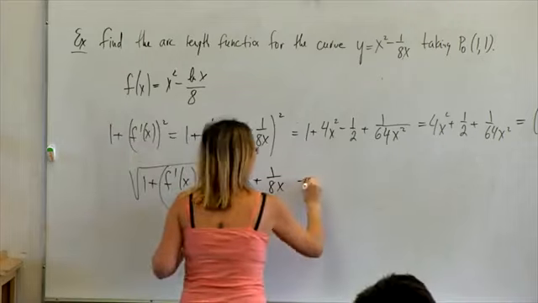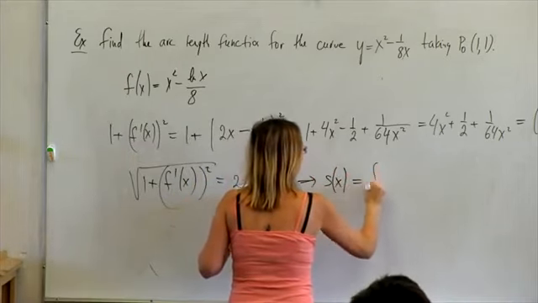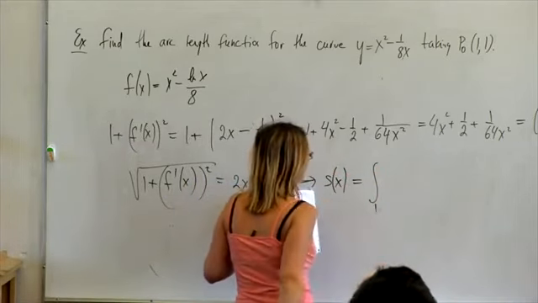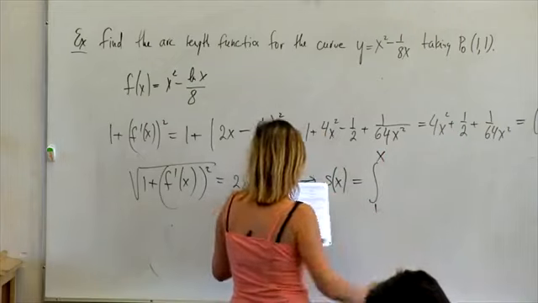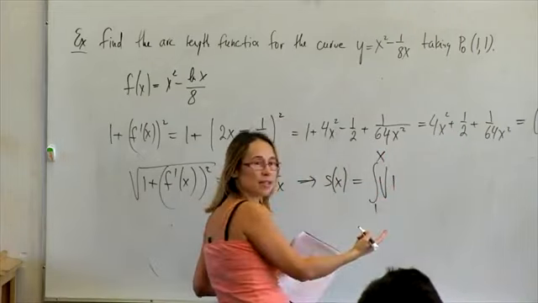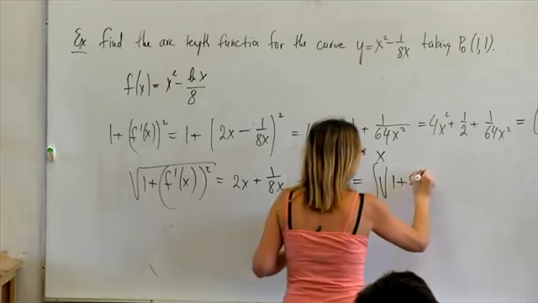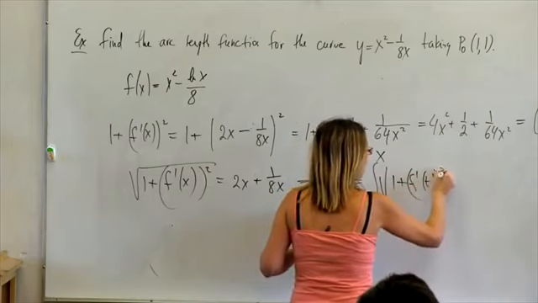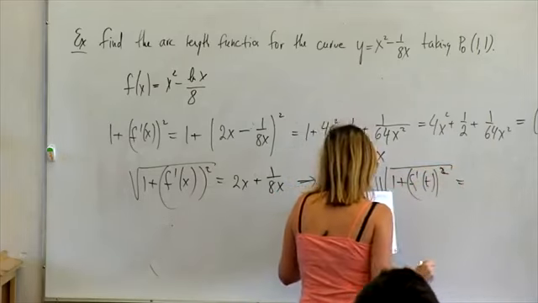So what is s of x? We start our integration at 1. We go up to x. And here we replace x with t, the silent variable of integration, f prime t squared. Okay.